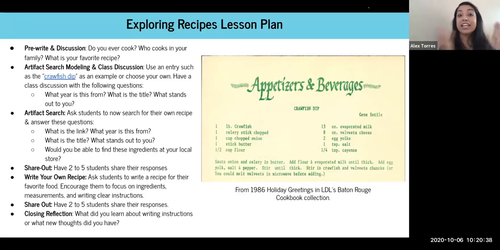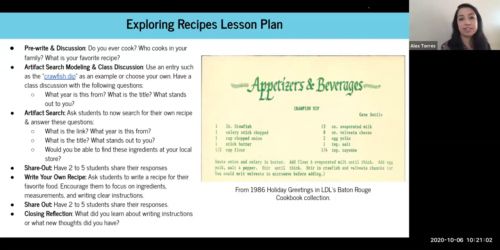And again, here is a lesson where you have to think about what is required to write a recipe, right? You have to be able to give clear sequential directions. You have to think about how am I stating this, what comes first, what comes second, am I being clear? You also have to think about measurements.